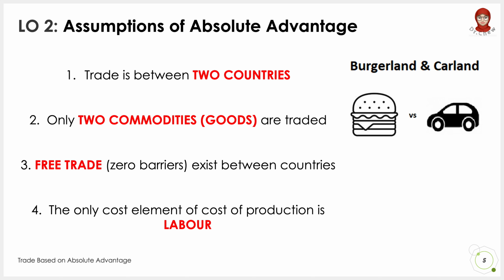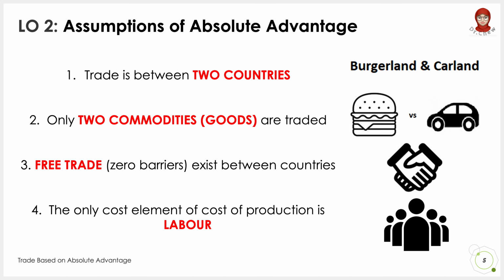So here we have burger and car as the two goods traded between Burgerland and Carland. Moreover, there are no barriers to trade between countries, zero barriers. Last, the only factor of production is labor. That is, the cost of production involved is only for labor.